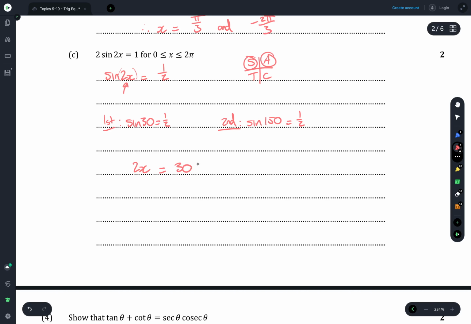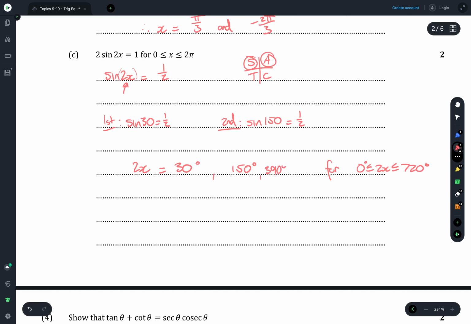But because we're solving for 2x, the domain in which we're solving right now is between 0 and 720 degrees. So there might be some more solutions that are greater than 360 degrees. Like I said with the previous question, we can just add or subtract any amount of 360 degrees to find more solutions.